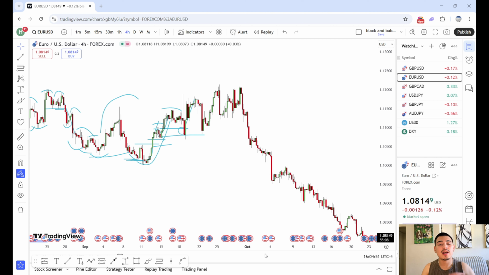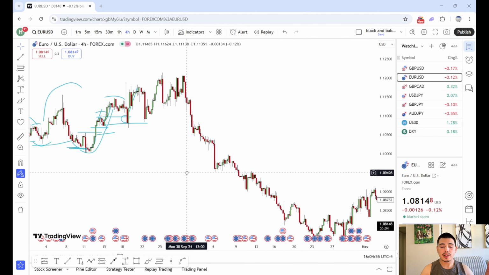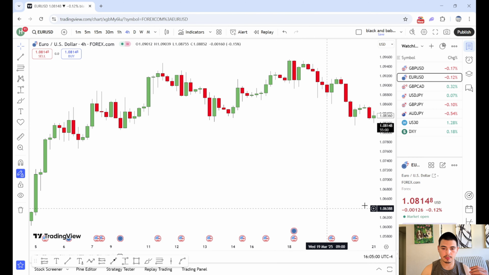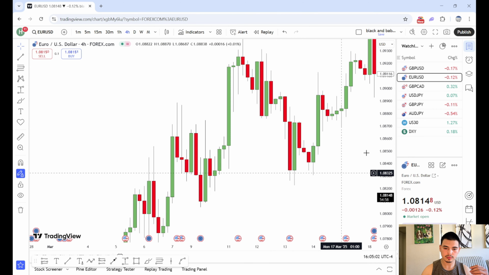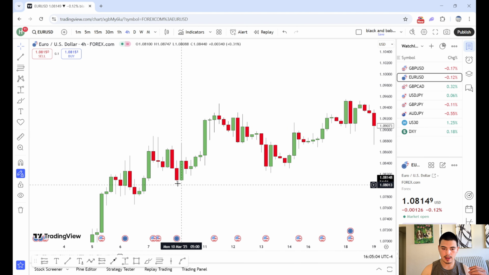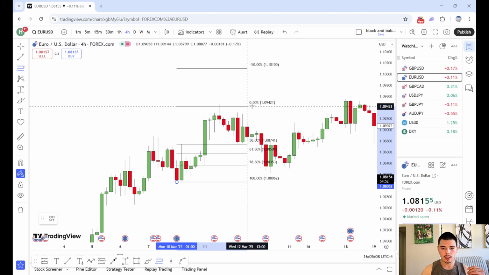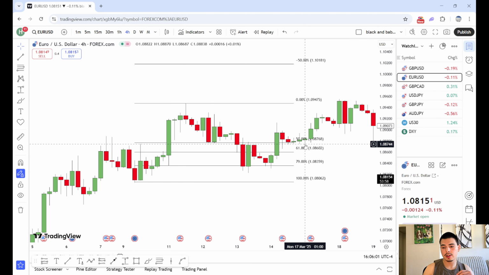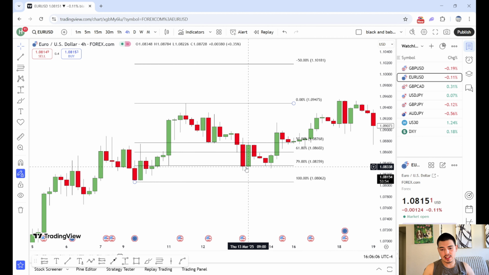The OTE, aka that optimal trade entry, is another form of a PD array. Okay, so whenever you have your expansion, right here, you have this low right here. You draw from the low up to the highest wick point right up here, and notice you have that right where your equilibrium is in discount, the 61.8% to that 79%.